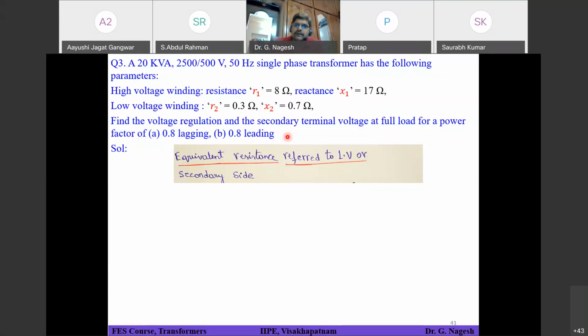Right, so R1 and X1 need to be transferred to the secondary side. So find out R1 dash and X1 dash, then you will get the simplified approximate equivalent circuit, which we have already seen. So try to calculate that R1 dash and X1 dash.